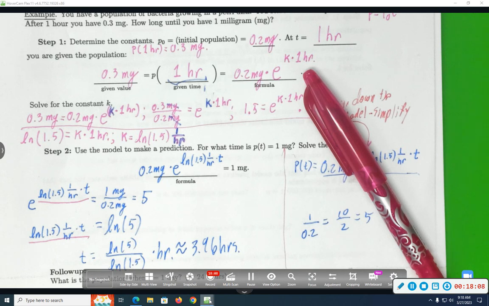You can just straight up ask the model what you predict the population will be at some given time. Let's give this population 1 full day to grow. How much do we expect there to be? Well, how would we do that?